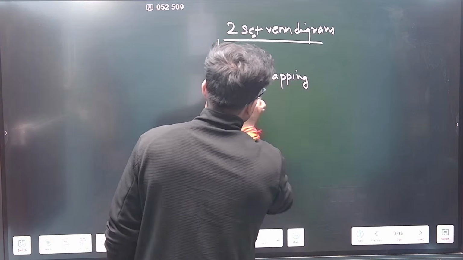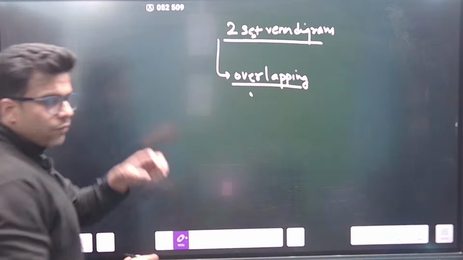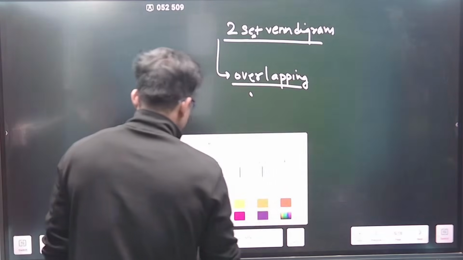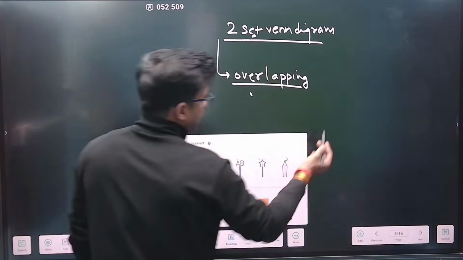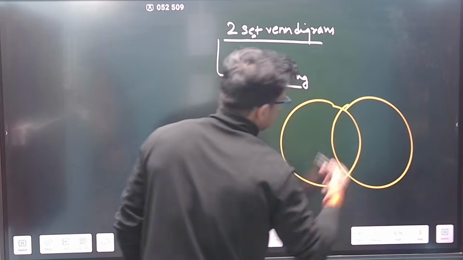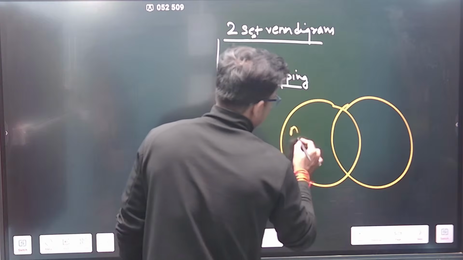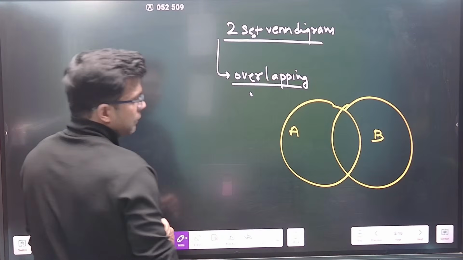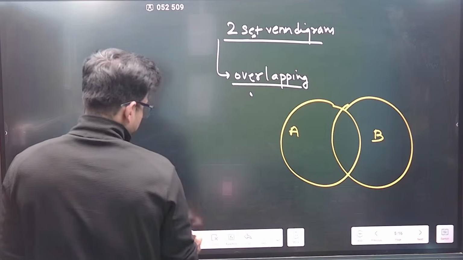Overlapping means when one boy is counted two times. Let's suppose I make a circle like this, and again I make a circle like this. If I say this is A and this is B, then this part would be what?